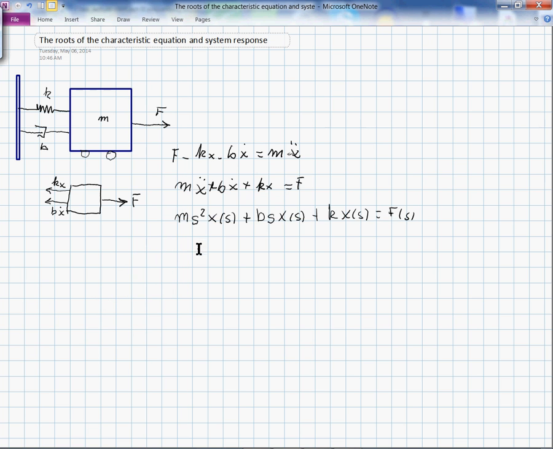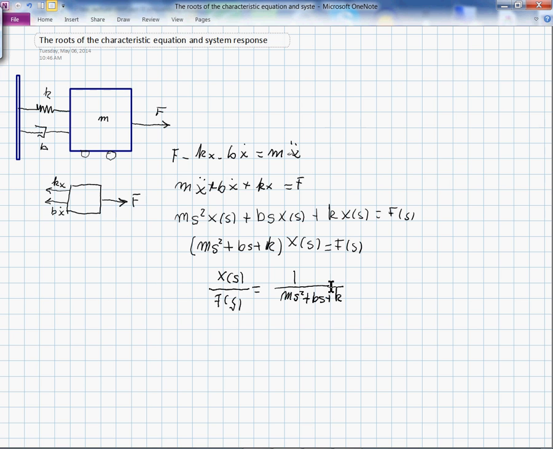We can write this as (m s squared plus b s plus k) times X of s. The transfer function of X of s in relationship to the input is equal to 1 over m s squared plus b s plus k.